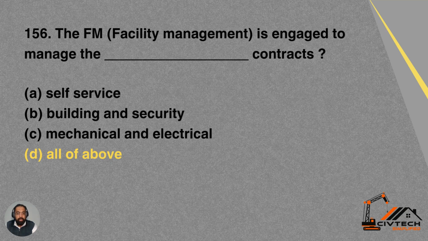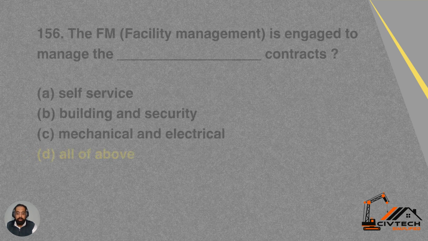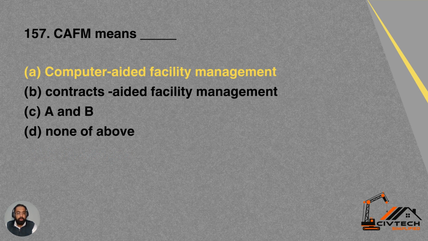So facility management is engaged to manage the self-service, building and security, and mechanical and electrical components of the building. So all these come under facility management. And the professional dealing with such services is called facility manager.